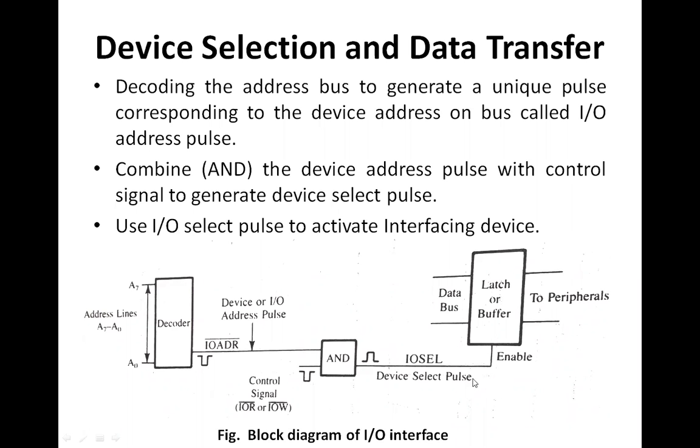We will be using this pulse just to enable either the latch or the buffer, depending upon the device address and depending upon the ANDing of the device address and control signal to generate a device select pulse. So meaning thereby the device is being selected with two signals. One is the address pulse and another is the control signal, with which it is going to generate the device select pulse.